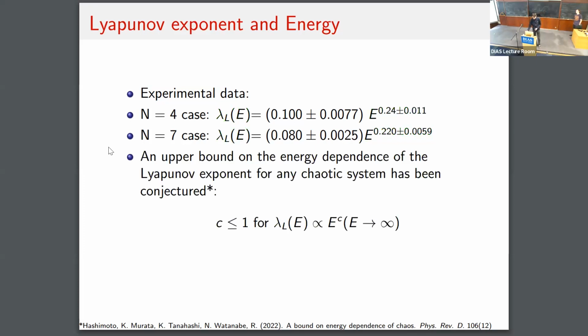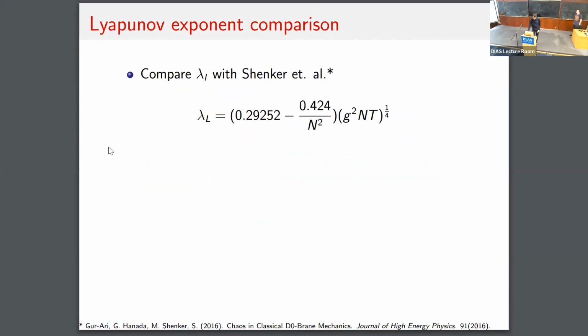And this E to the power of 0.24 also obeys a conjecture we found that for any chaotic system, the Lyapunov exponent is proportional to E to the power of c, where c is less than or equal to 1. So our system obeys this conjecture as well. And now we've also gotten different Lyapunov exponents and compared them with other literature values.